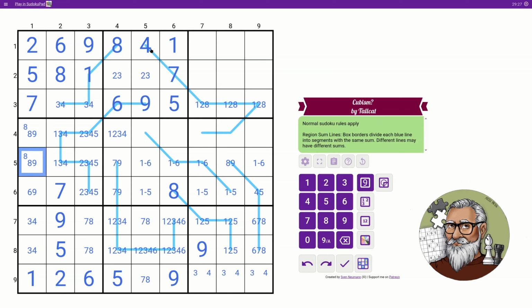Is that the only place where we can have 6? Looks like it. Not sure why I didn't put 6 there. Oh, because I needed 6 here. Yeah, okay, we needed 6 there. That's why.